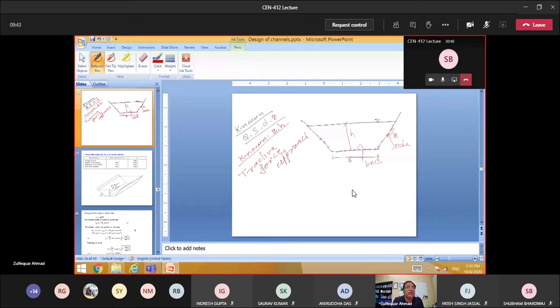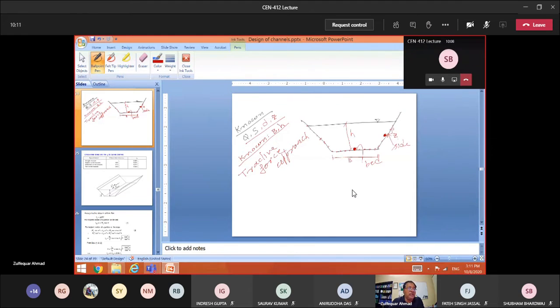This means that the sediment particles which are on the bed and which are on the side should not move. So listen to this one carefully. I'm just drawing here a bigger size of the sediment. This is the sediment on the bed, and this is the sediment resting on the side.